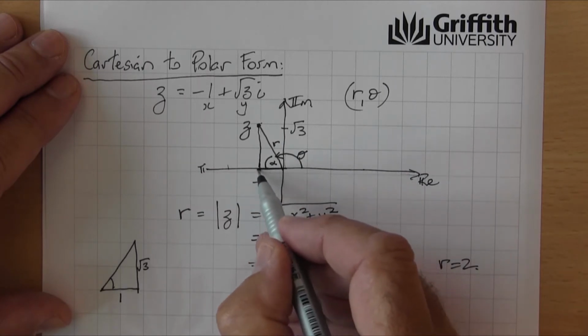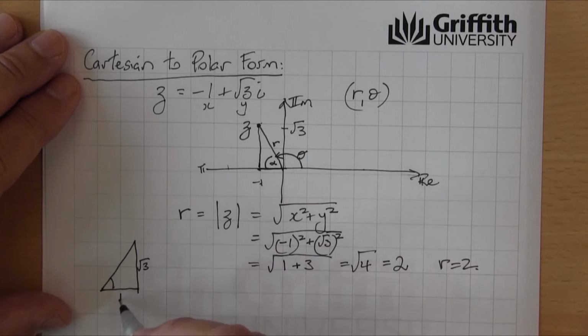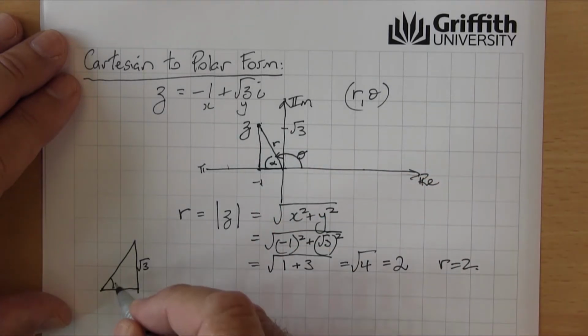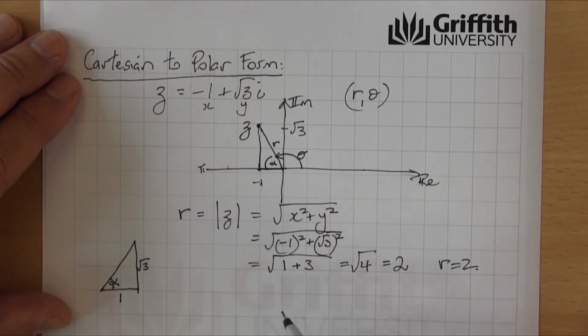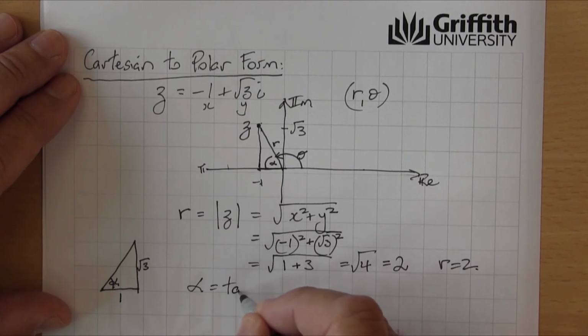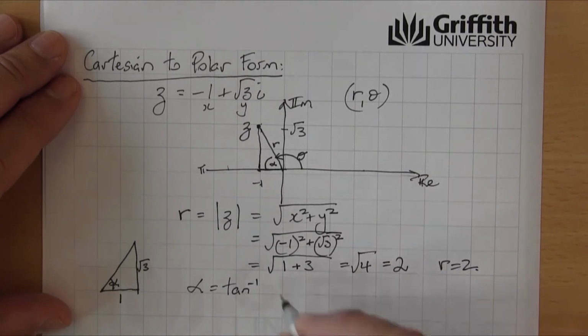I know that's 1 unit from there to there, and we get out to -1, and this is root 3 up here. I'm going to find alpha. So here's my alpha, and alpha will be the angle that has a tan of opposite over adjacent. So alpha equals the angle whose tan is root 3 on 1, opposite over adjacent.